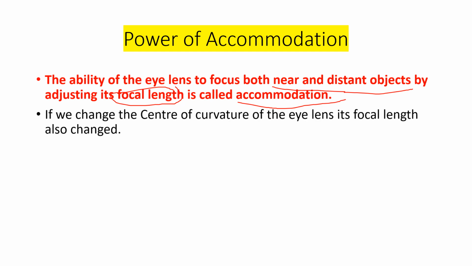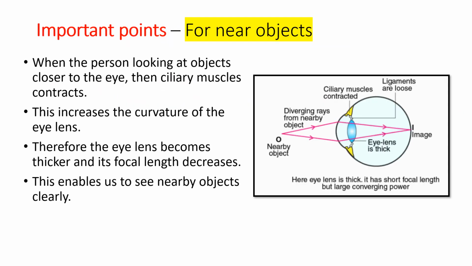Now, if we change the curvature of the eye lens, what happens? Its focal length also changes. This is very important. So, there are two things which are very important. First, for near objects, when the person is looking at objects closer to the eye, then the ciliary muscles contract.